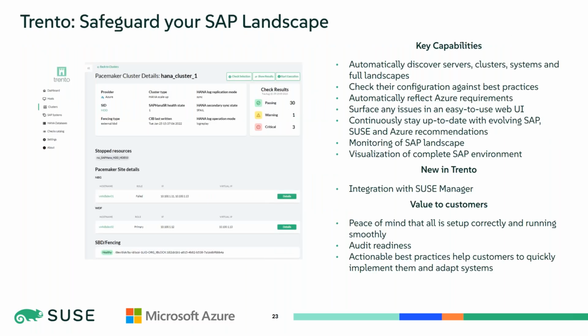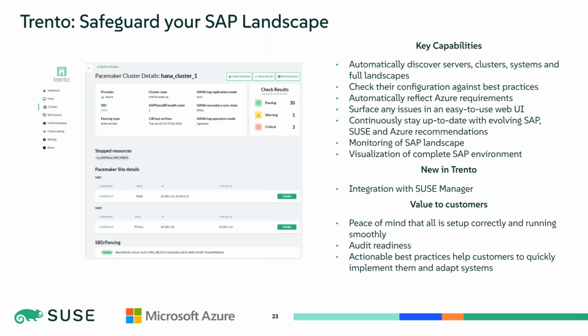Next slide, please. So speaking of Trento, it's a GUI tool, and you can install this binary. The installation binary is available in the SUSE for SAP subscription, and we support Kubernetes-based and also RPM-based installation. Once you log in, it provides an overview of the healthiness of your entire SAP landscape.